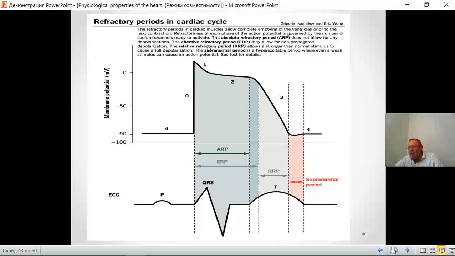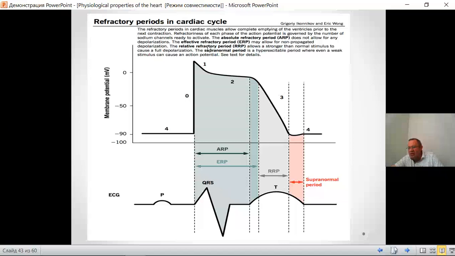When the sodium ion channels are closed, inward current cannot be generated, so a second action potential cannot be generated during the absolute refractory period. Because most sodium ion channels are closed, the absolute refractory period includes the upstroke, the entire plateau, and a portion of the repolarization. This period concludes when the cell has repolarized to approximately minus 50 millivolts.